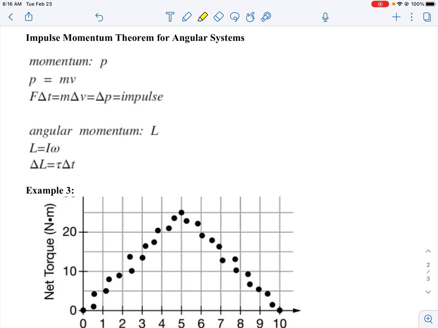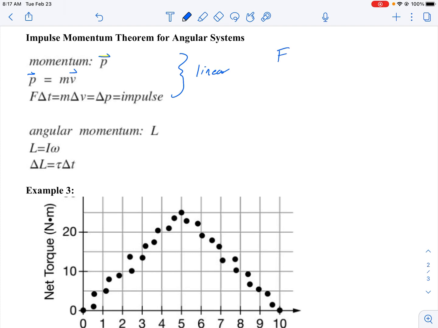Okay, well, if we can use conservation of angular momentum, we also can apply the impulse momentum theorem. You may recall, again, this is more review, that momentum in the linear sense is a vector. Momentum equals mass times velocity.